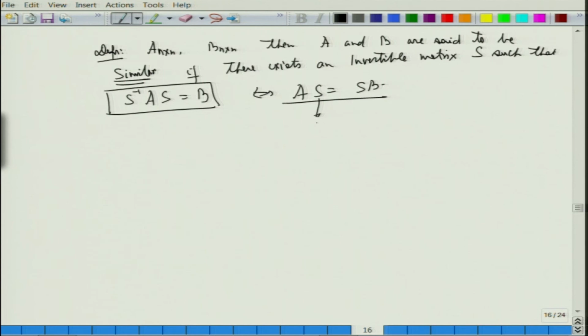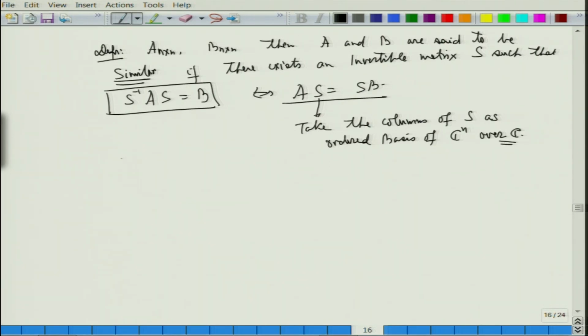Think of S, so take the columns of S as an ordered basis of Cn over C, fine.